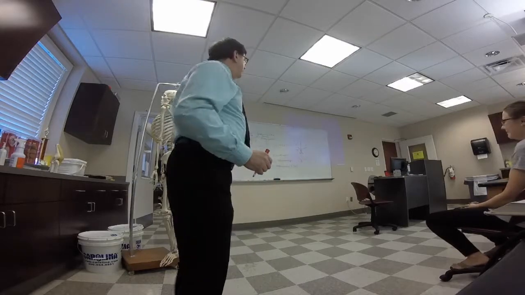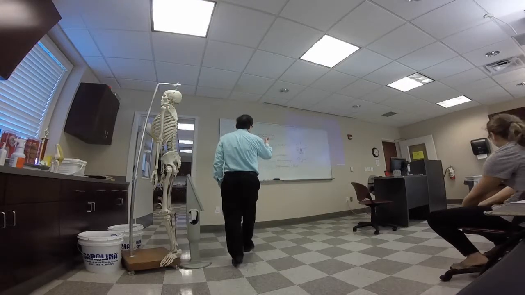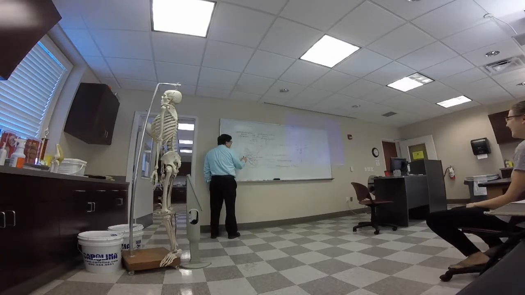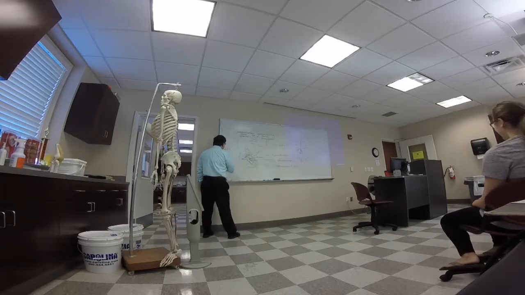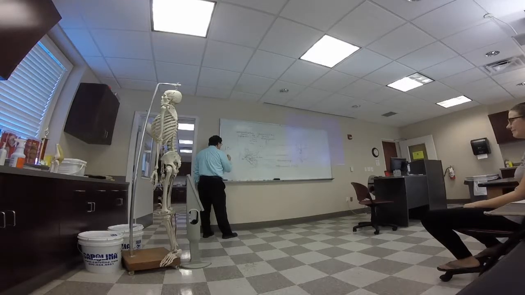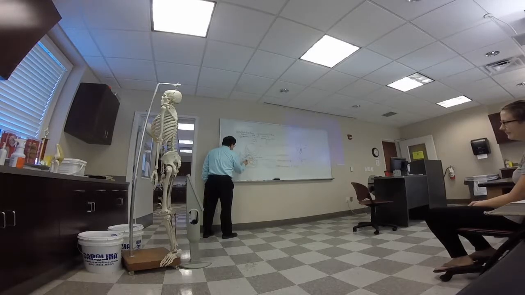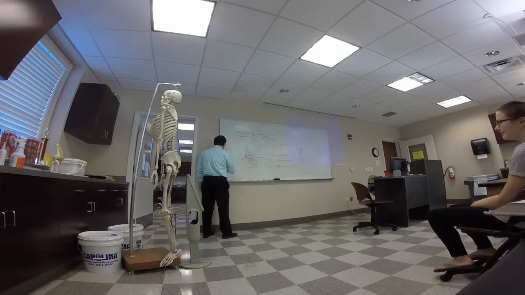So if you have increased impulses traveling down from the cardioinhibitory center, releasing acetylcholine binding the muscarinic receptors, you're going to get a decrease in heart rate, and you're going to get a decrease in conduction velocity.